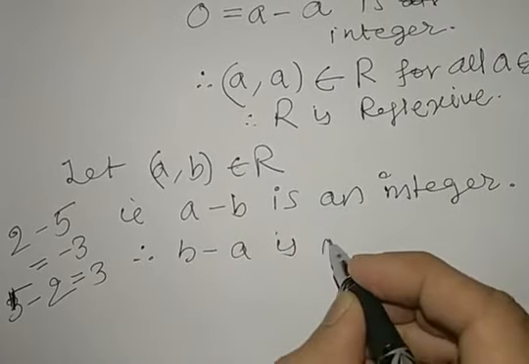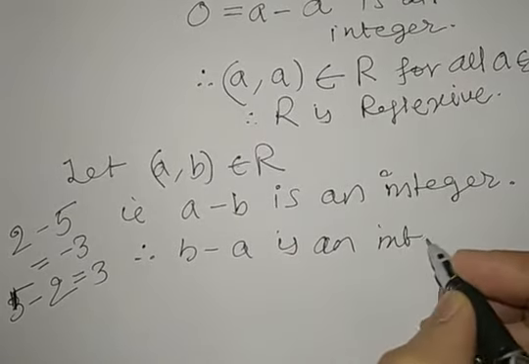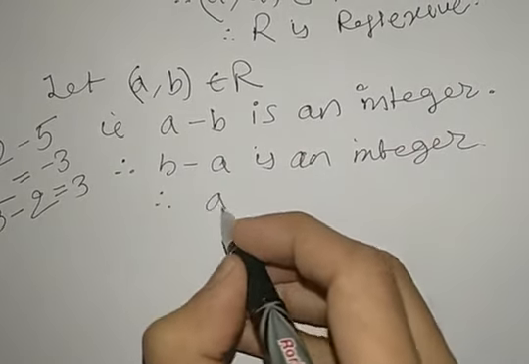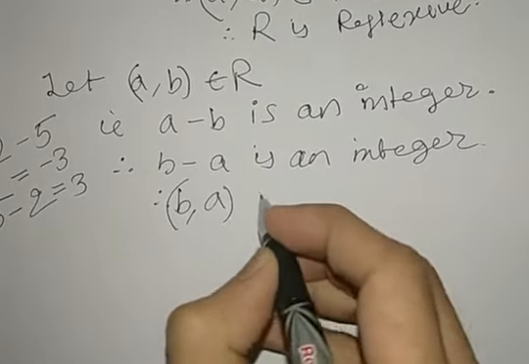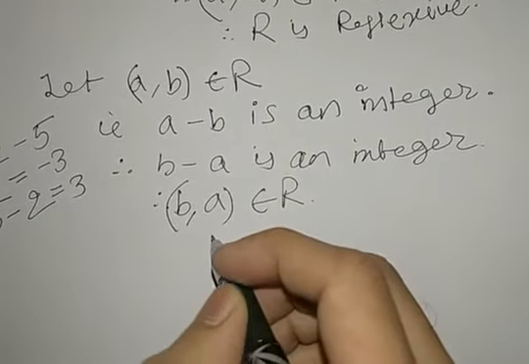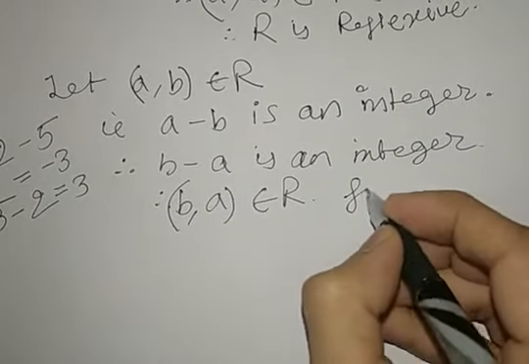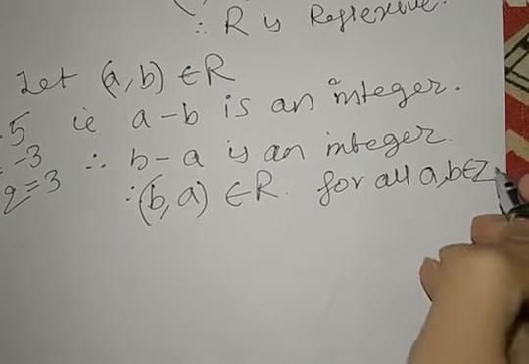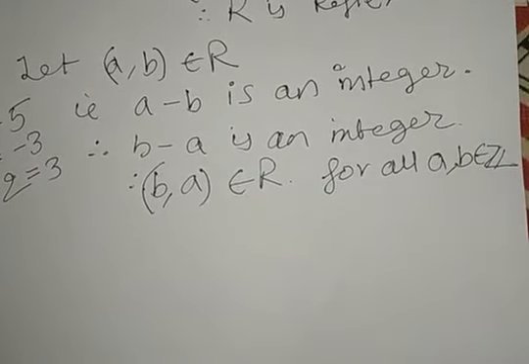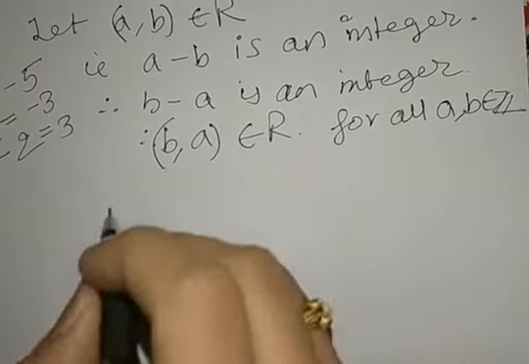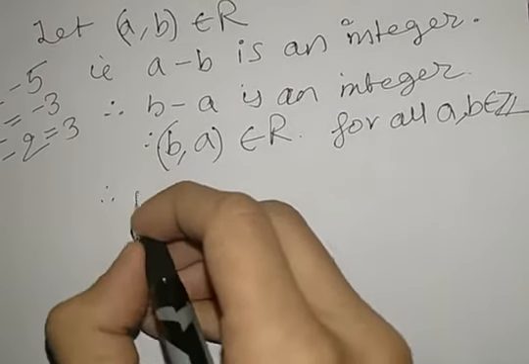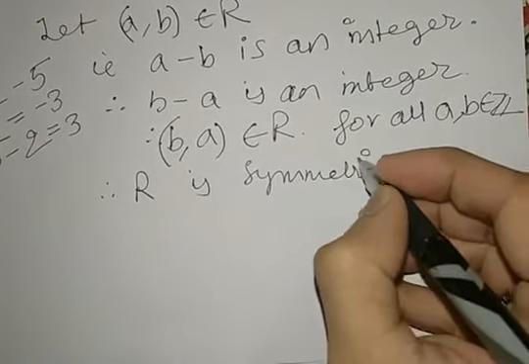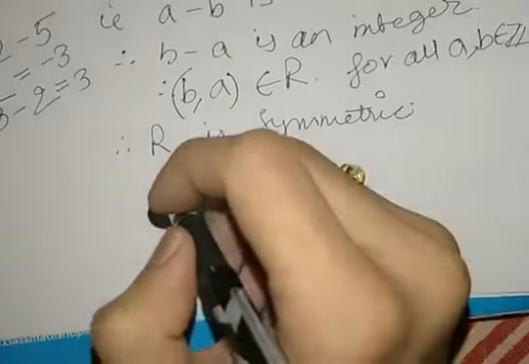Therefore, (b, a) will belong to R. Now this is for all a, b belonging to the integers, for all a, b belonging to Z. Now what to conclude? Therefore R is symmetric.